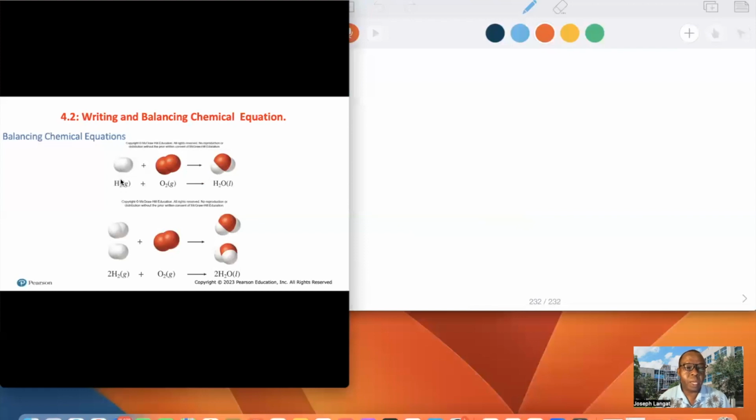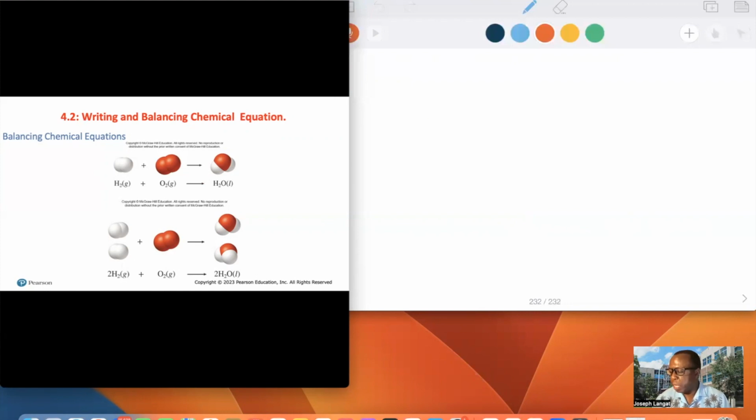Remember, in nature, hydrogen is diatomic. This is balanced, so the chemical equation is balanced. We need a coefficient in front. Remember not to change the subscript when balancing the equation.